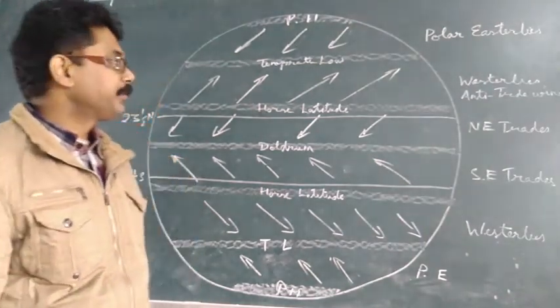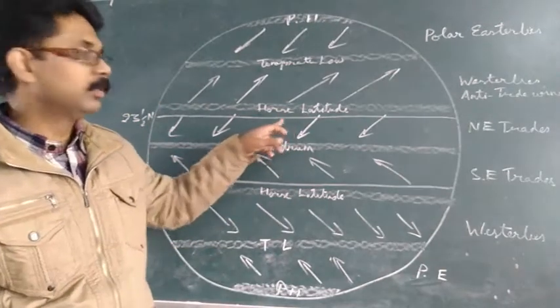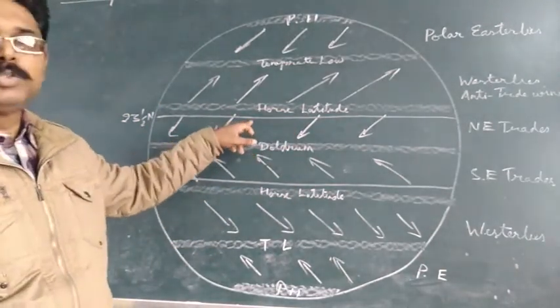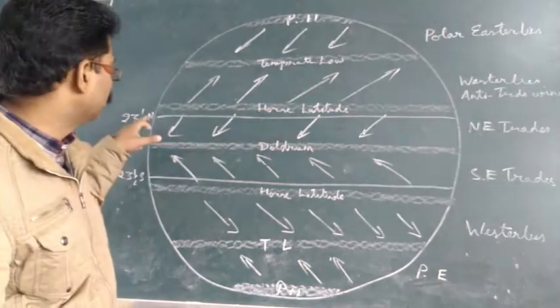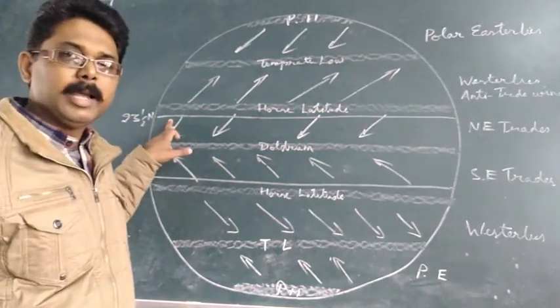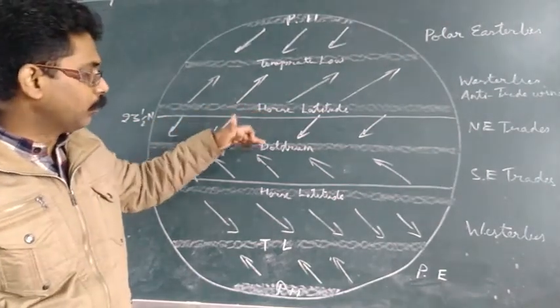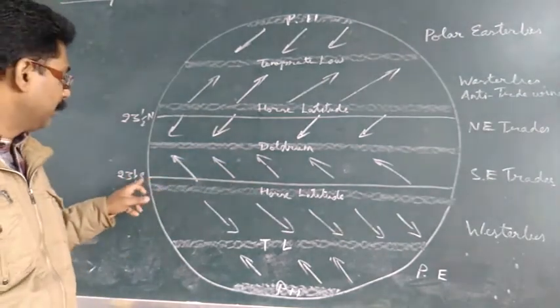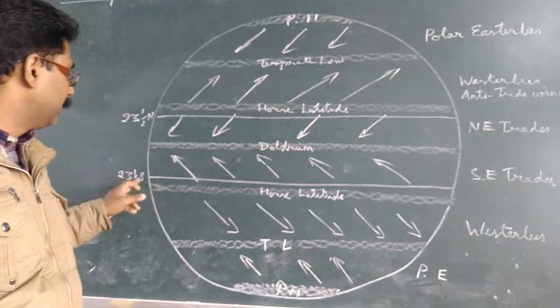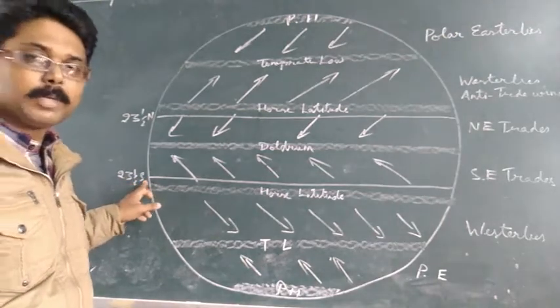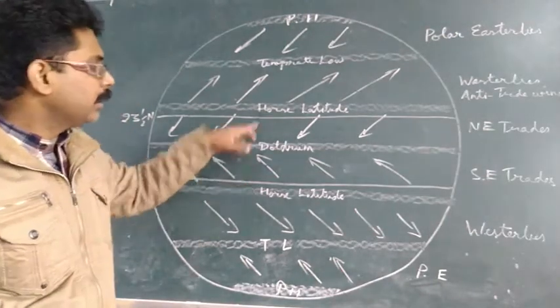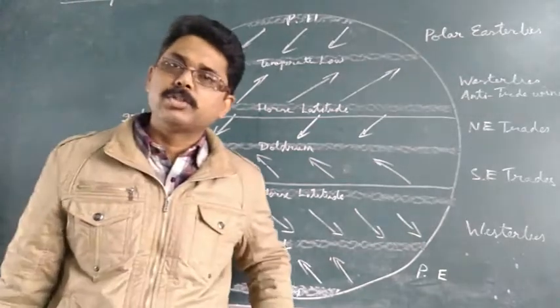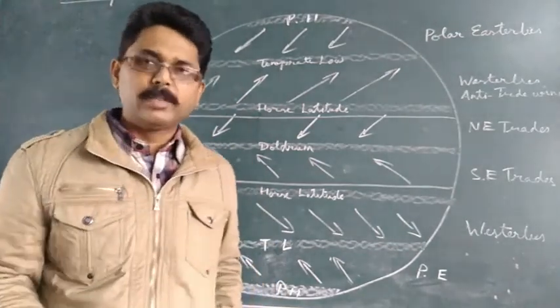So this is the apparent movement. On 21st June, sun rays fall vertically on the Tropic of Cancer, and every day it moves downward. Then on 22nd December, the sun rays fall on the Tropic of Capricorn. This movement of the sun rays is called the apparent movement of the sun rays.